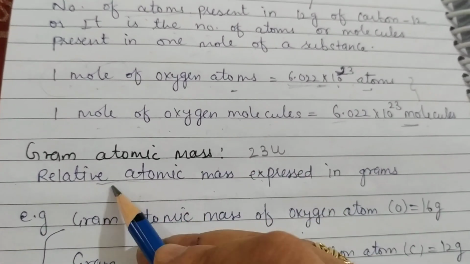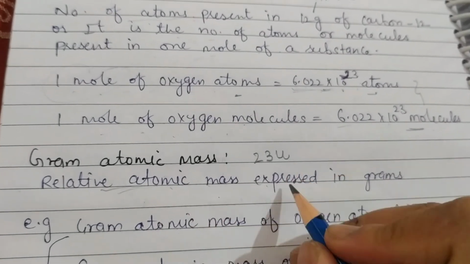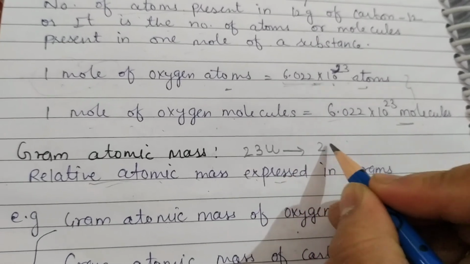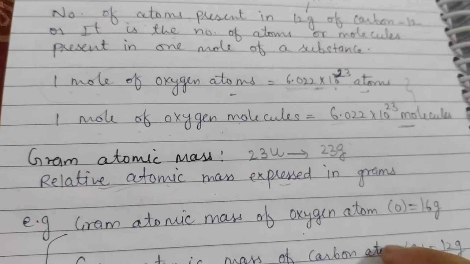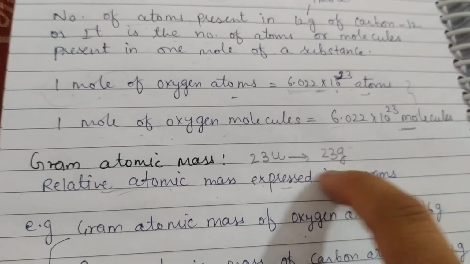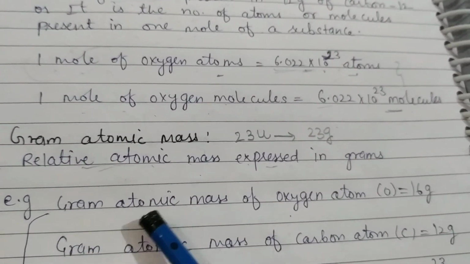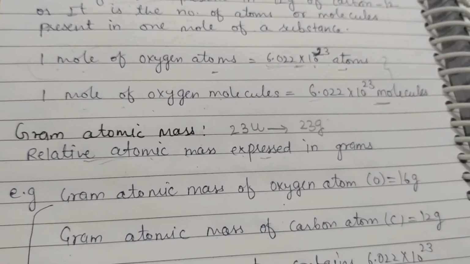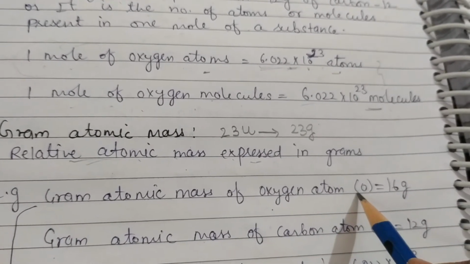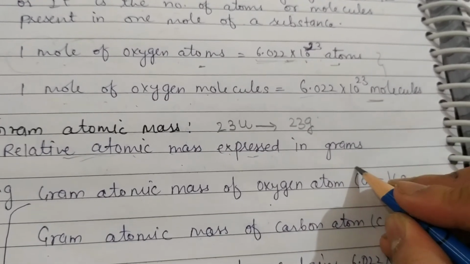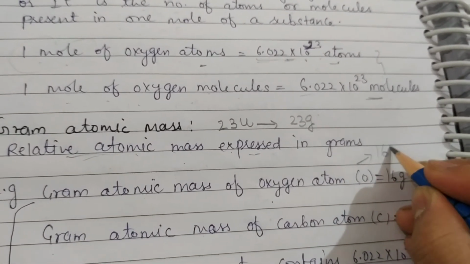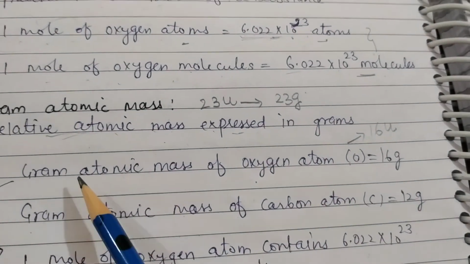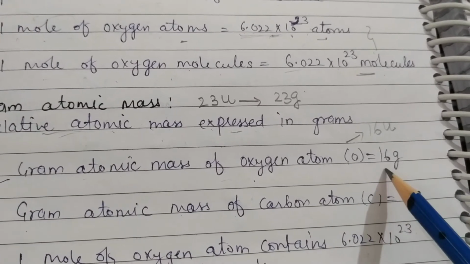When that relative atomic mass is expressed in grams, we can say 23 grams, so it will be gram atomic mass of sodium, right? Here is another example, gram atomic mass of oxygen. We talk about the relative atomic mass of oxygen as 16u, but the gram atomic mass of oxygen will be 16 gram.